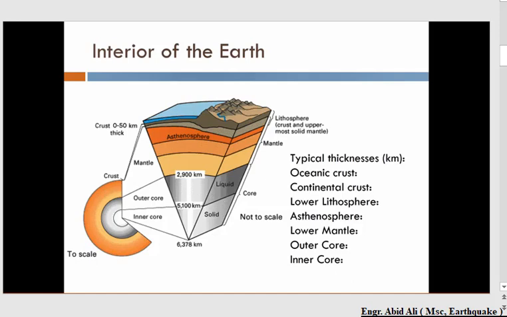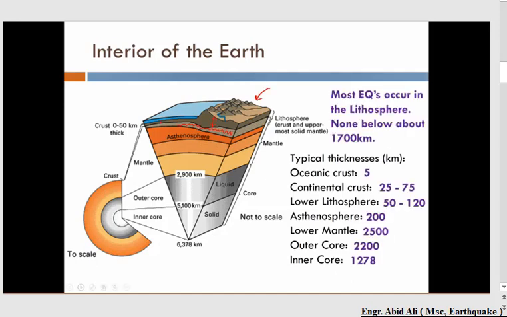For instance, we generally say that the oceanic crust is around 5 kilometers thick, and while it may sound like a lot, it's really not. 5 kilometers is extraordinarily thin.